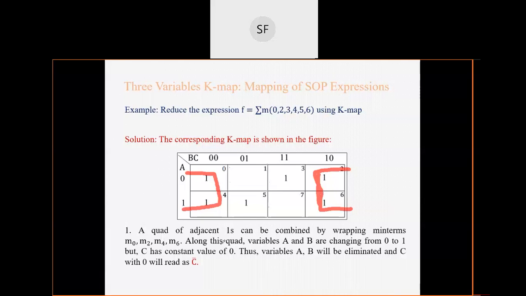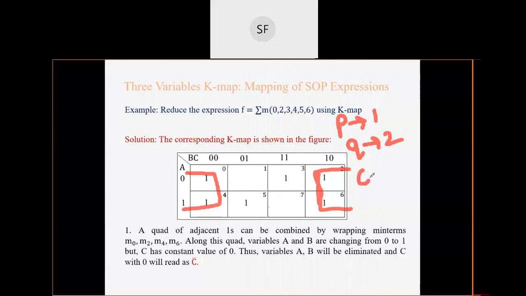Okay. Along this quad, now how many variables are changing? You have to observe that. So since it is a quad, always remember that when you do pairing, one variable is eliminated. When you do a quad, you are combining 4 cells, then 2 variables will be eliminated.